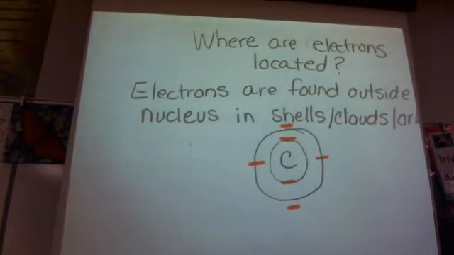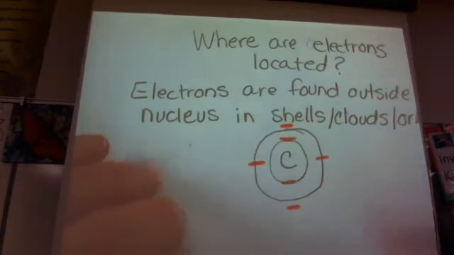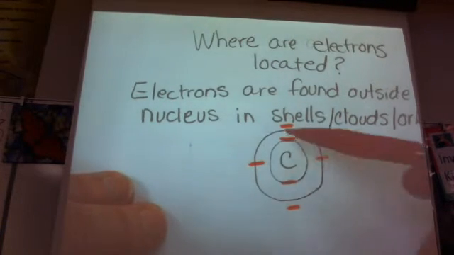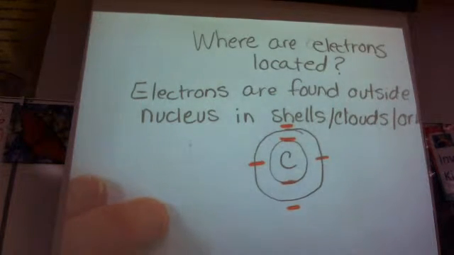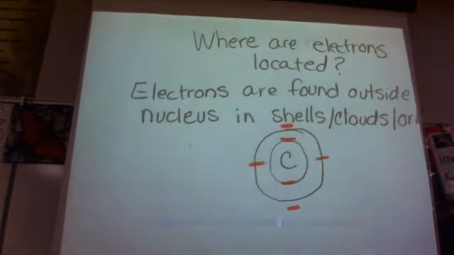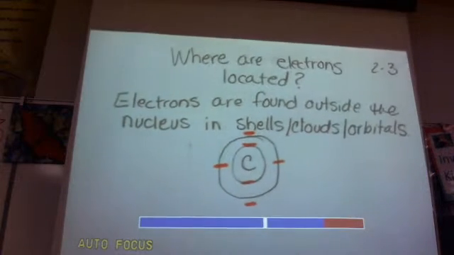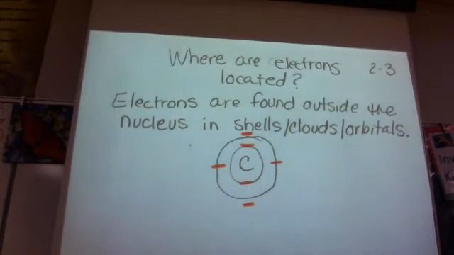Now carbon only has 6 electrons, so we want to count and make sure that's right. 1, 2, 3, 4, 5, 6. Good. So we have carbon, we have 2 shells, 2 clouds, 2 orbitals, and 6 electrons. So we're good.